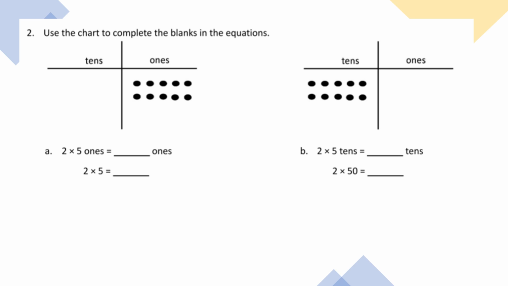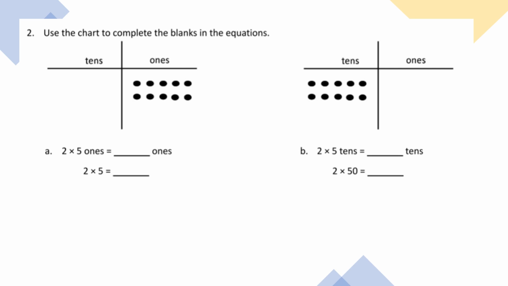Let's look at number 2. Number 2 says, use the chart to complete the blanks in the equations. All right, so for number 2, letter A, we have a place value chart. Well, part of one anyway. We have the tens and we have the ones place. Now, in the tens place for letter A, there's nothing there.